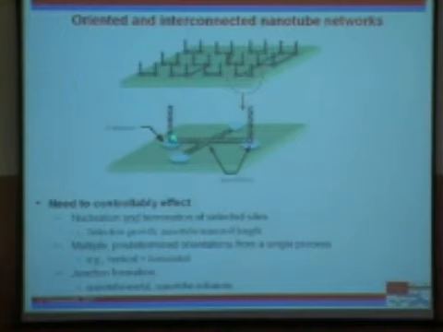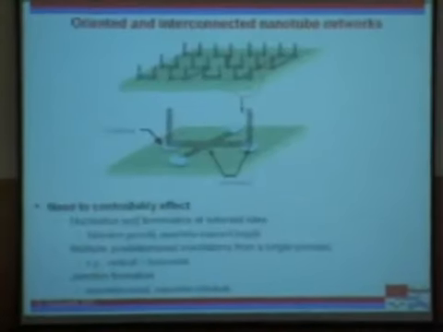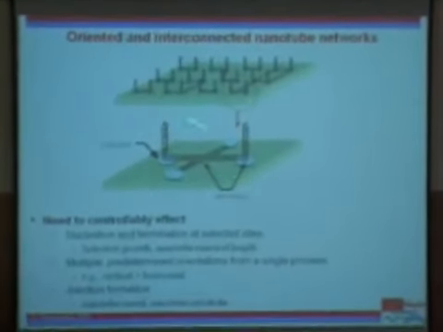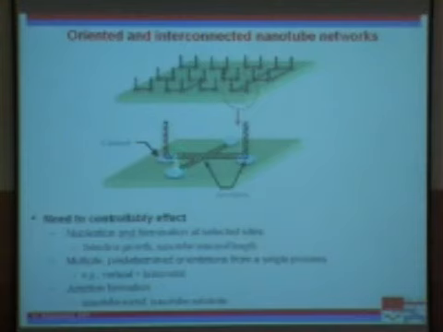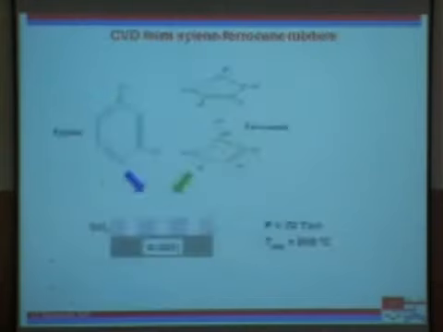Well, I need to be able to control where the nanotubes nucleate, in which directions they grow, and if you can make welds and junctions, and all this without compromising the quantum properties or the electronic and mechanical properties of the carbon nanotubes. Now, the good news is actually we can achieve almost all of these features. The bad news is not yet at single carbon nanotube level, because there are some serious physical scaling issues involved. Okay, and I'll mention those in a few minutes.